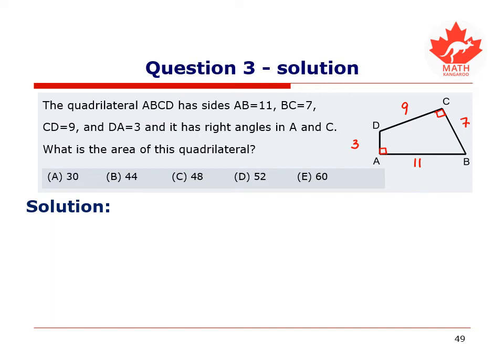If we were to cut our quadrilateral, cutting it through the diagonal that goes from D to B, we would then end up with 2 right angle triangles. We have a formula for calculating the area of a right angle triangle. It's base times height divided by 2. We can then work out the area for each right angle triangle and add them together to give us the area of the quadrilateral. So let's do that.